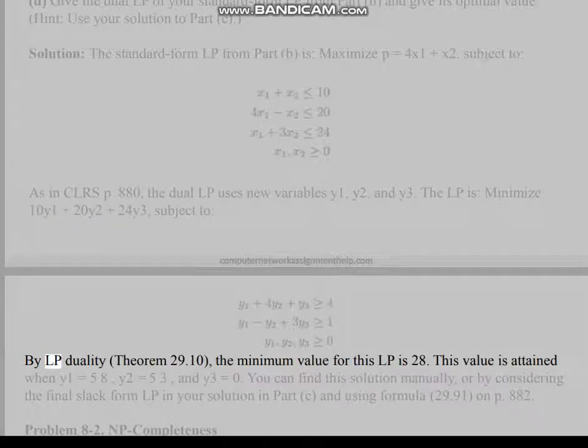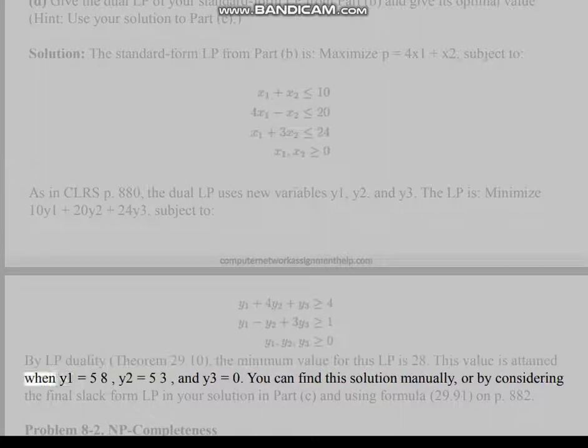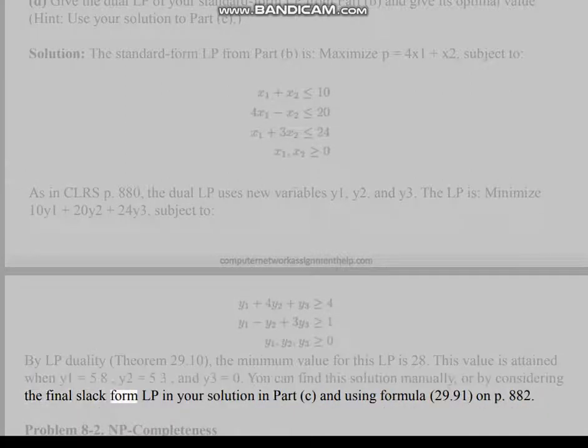By LP duality, Theorem 29.10, the minimum value for this LP is 28. This value is attained when y1 = 5/8, y2 = 5/3, and y3 = 0. You can find this solution manually, or by considering the final slack form LP in your solution in part C, and using formula 29.91 on page 882.